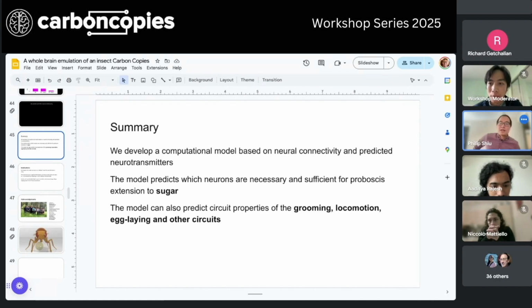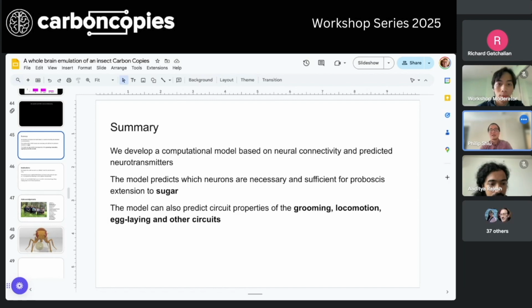I think that's a great question. In principle, a connectome is this static snapshot of the brain, and you can generate models that can easily be modified to incorporate plasticity.